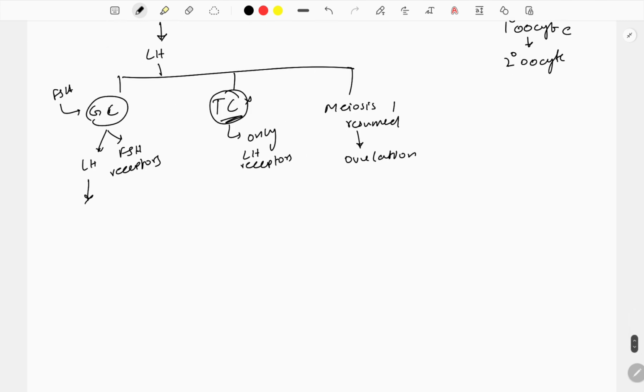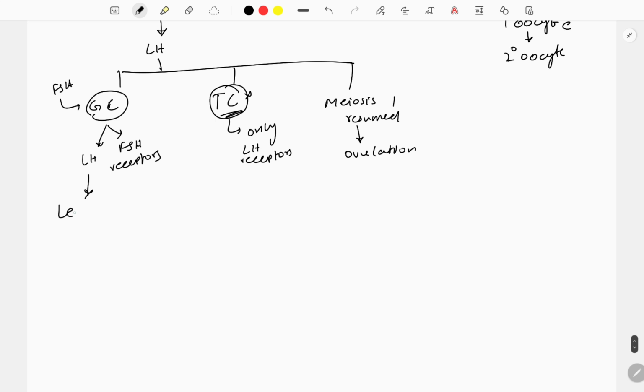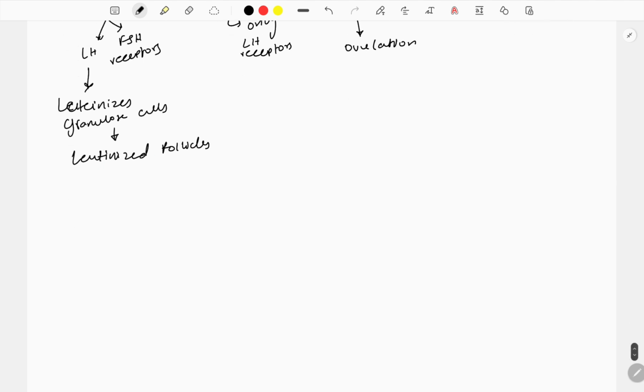This LH luteinizes granulosa cells. Now, this is called luteinized follicles. What do these luteinized follicles produce? They produce a very small amount of progesterone.